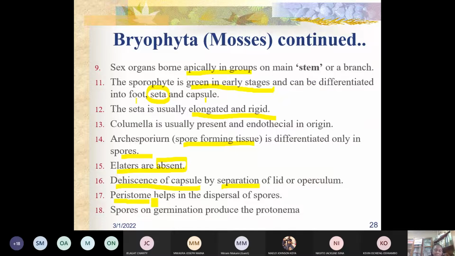It's called the peristome. That's the one that pushes out the spores from the capsule. So once the spores land on suitable ground, they will germinate to produce that protonema that we said is the juvenile stage of the gametophyte.